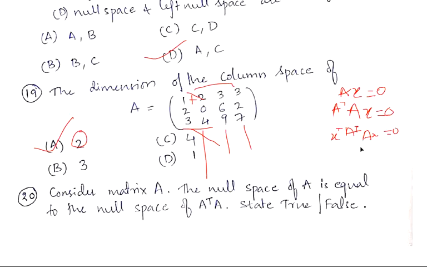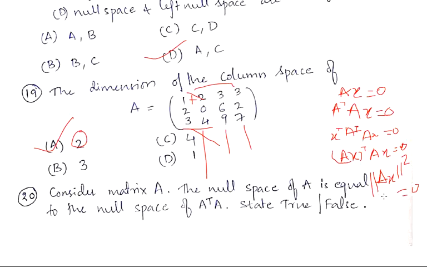Okay, so this we can write as (AX) transpose AX is equal to 0. This can be written as norm of AX squared is equal to 0.